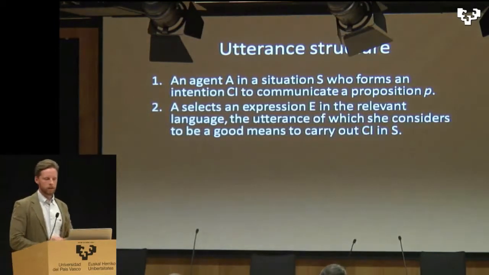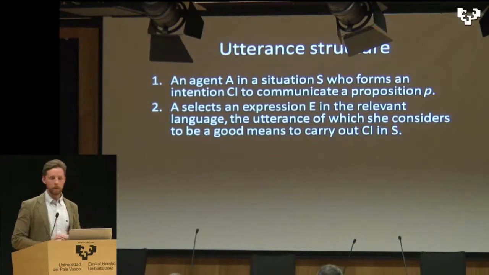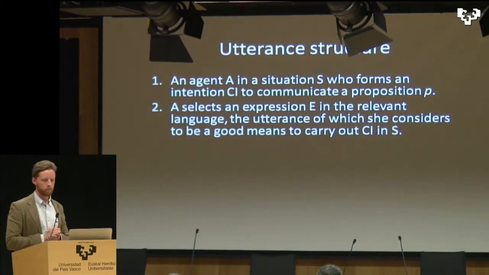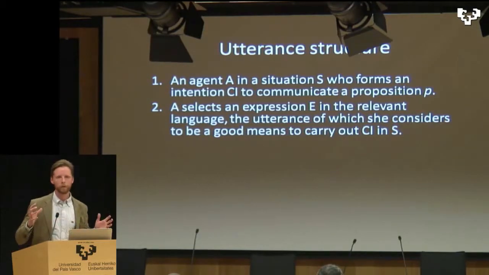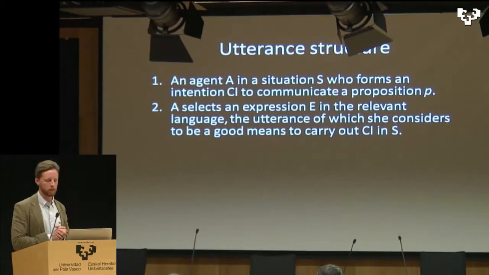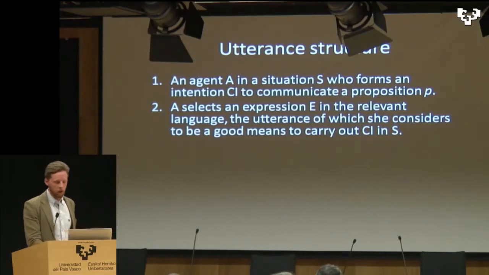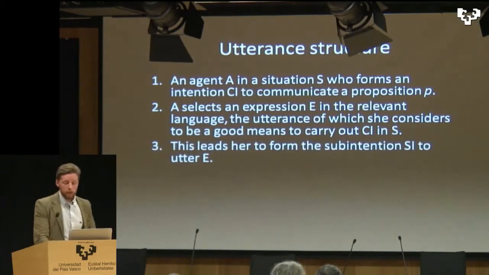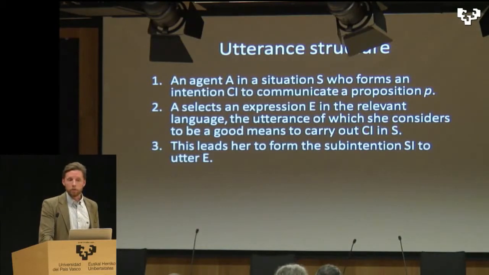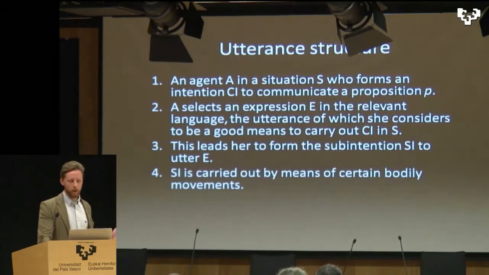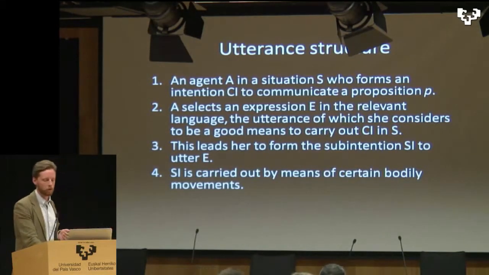Then this agent selects an expression in her language, based on her judgment that this is a good means to carry out this intention in this situation. And this leads her to form the subintention SI to utter this expression. Then she carries out this subintention by means of certain bodily movements.